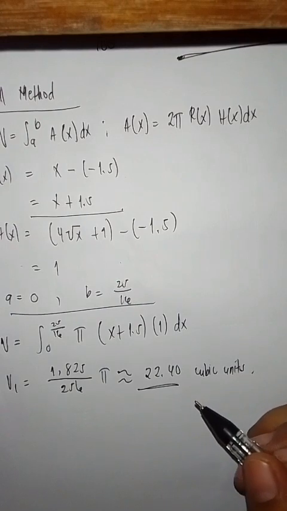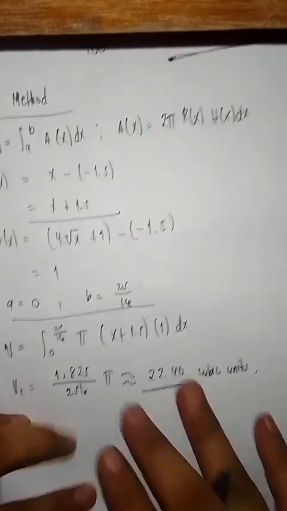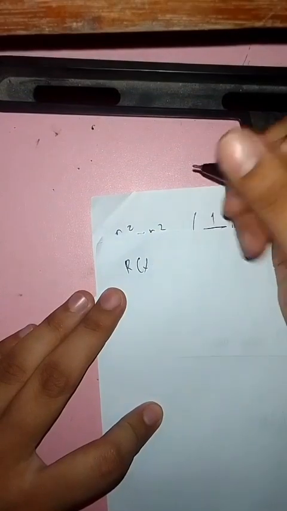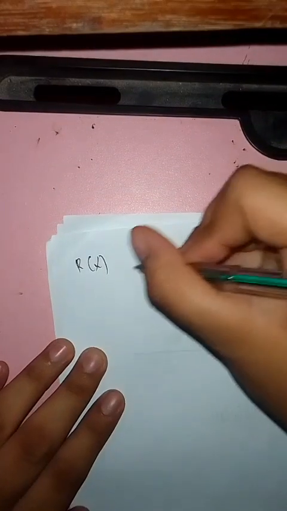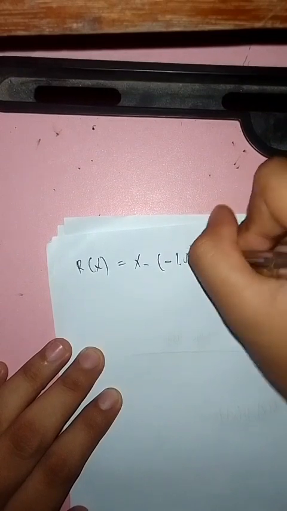Now, in getting the volume number 2, we will also use the same formula, and our r(x) is equal to x minus negative 1.5.